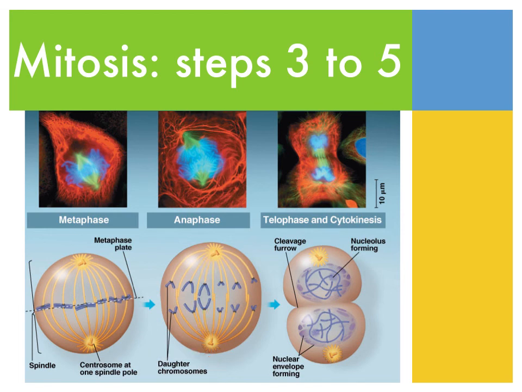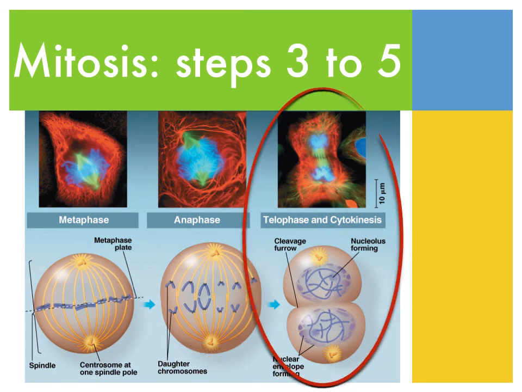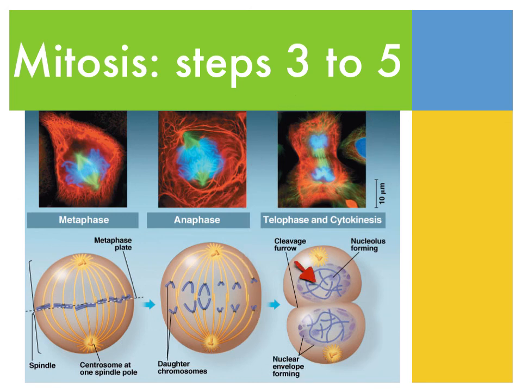Now the last step of mitosis is called the telophase. During the telophase, the chromosomes start to decondense, so you will see them coming back to their initial state, where they were made of a single strand of chromatid, very intermingled with the other chromosomes.